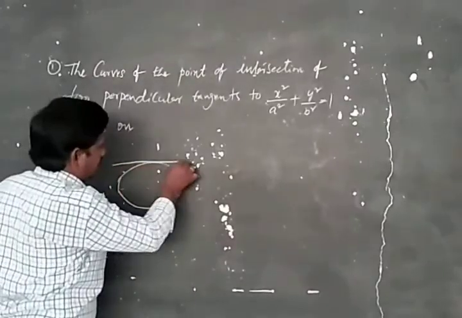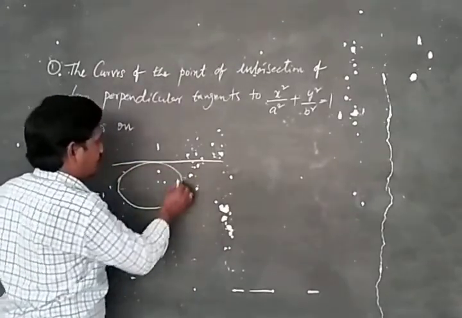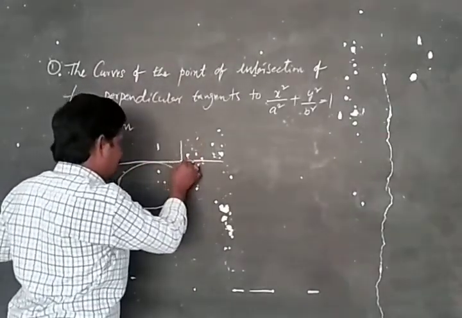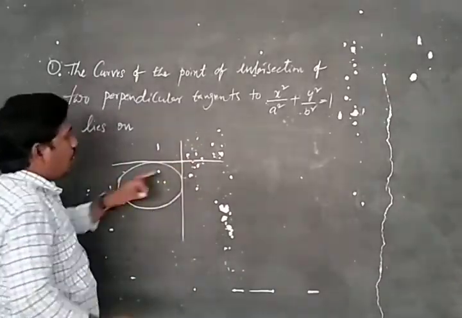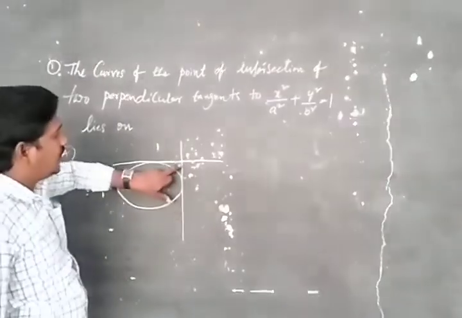This is a tangent. This is another tangent. This is the point of intersection.